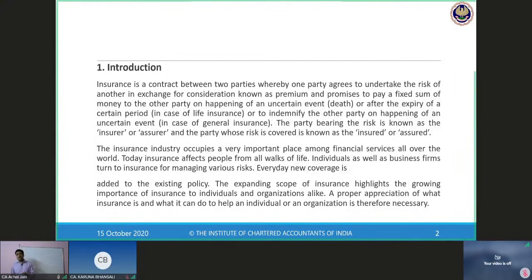On the happening of this event, let's suppose if there is an accident, what can I do? I can raise a claim to the insurance company.